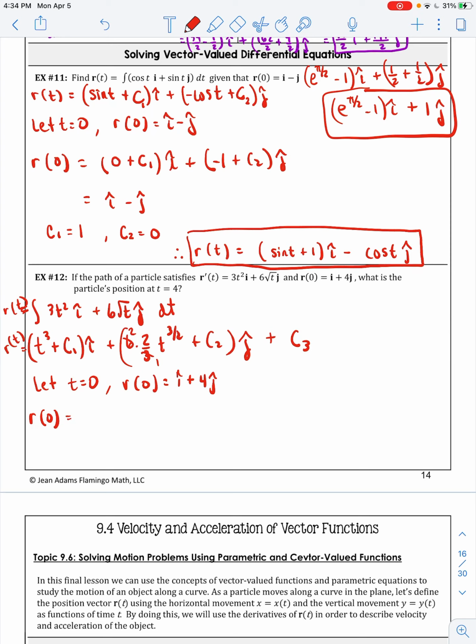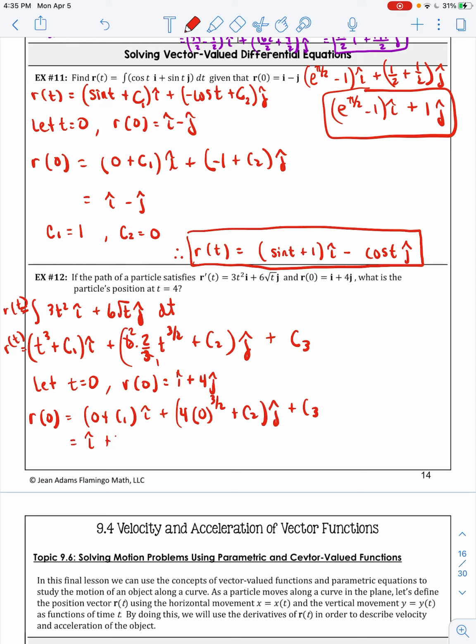So our r of 0 would be 0 plus c1, because 0 to the third power is 0, times i, plus, and this is 4 times 0 to the 3/2, which is going to give you 0, plus c2 times j, and then plus our c3.